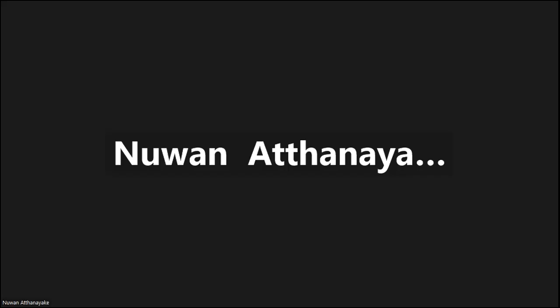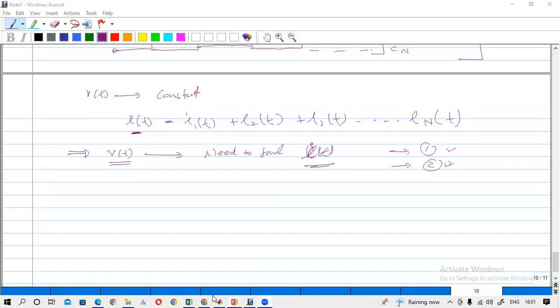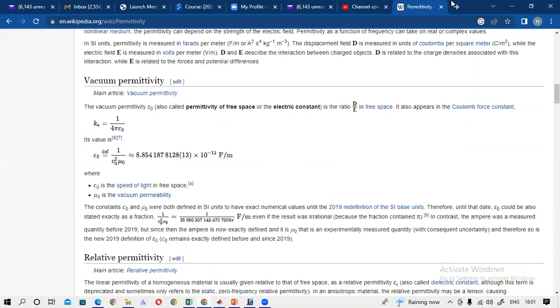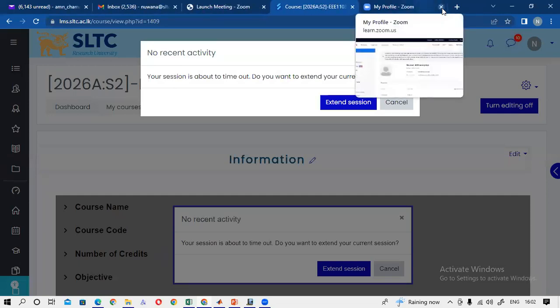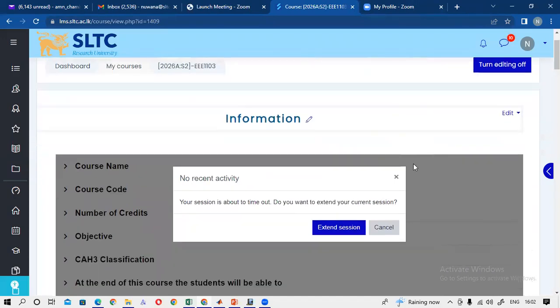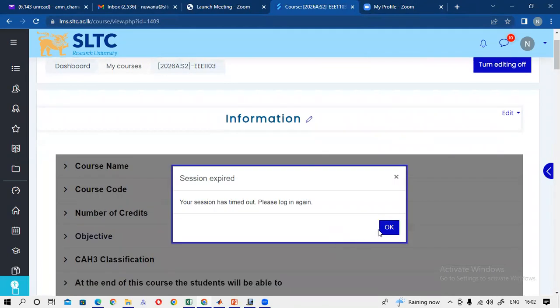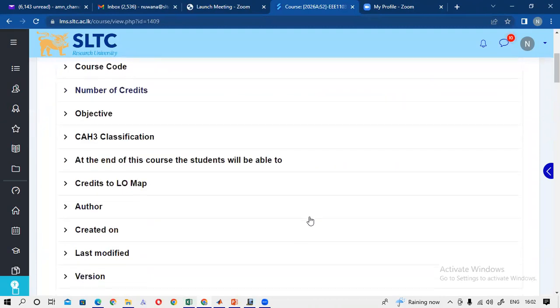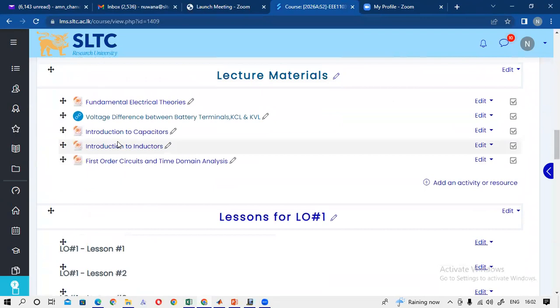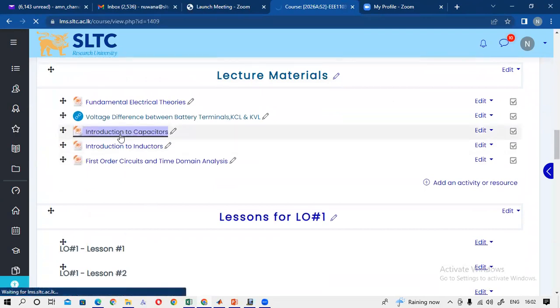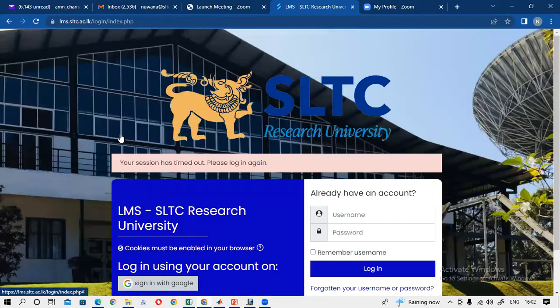And let me show you the SLTs. So we are referring to this lecture note.